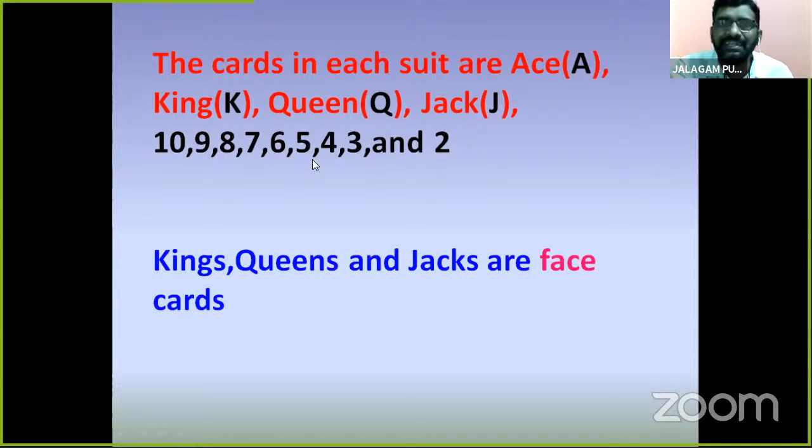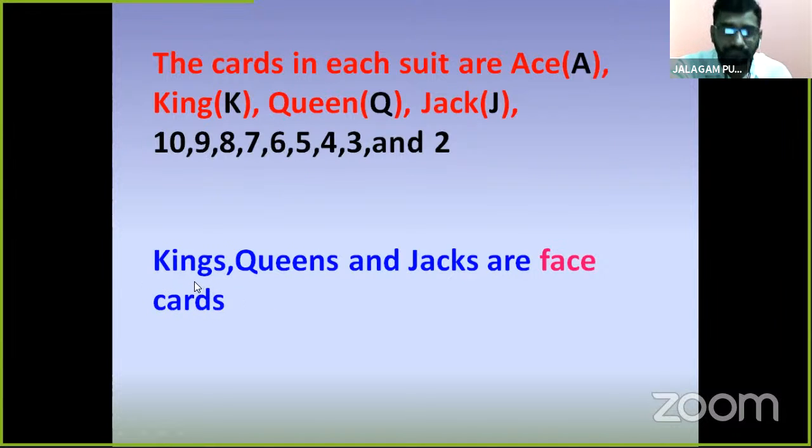These are the 13 cards in each suit. Each suit contains one ace, one king, one queen, one jack, 10, 9, 8, 7.